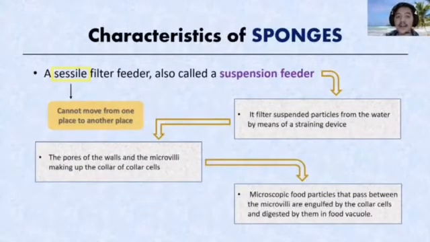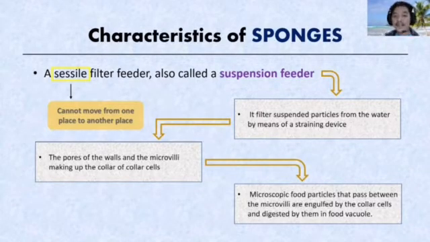Okay, the next characteristic of sponges is that they are sessile filter feeders. Sessile means the sponge cannot move from one place to another, and they are also called suspension feeders.